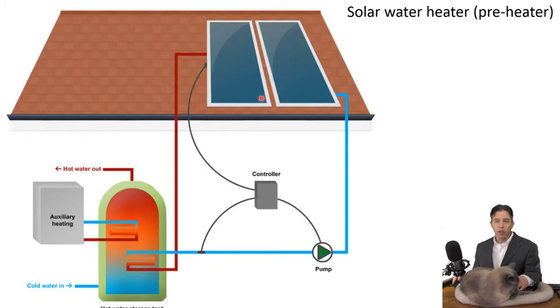So what a preheater for your water heater does is the cold water coming from the ground moves through these boxes, and in these boxes are just some pipes that are sitting in the sun, and it preheats the water before it goes into the water heater. So if the groundwater is, say, 40 degrees, normally without this system, you'd have 40-degree water going into your water heater and having to warm that up from 40 to 140, let's say.